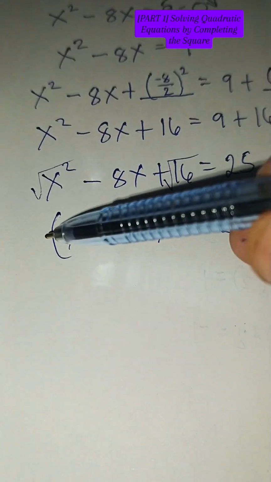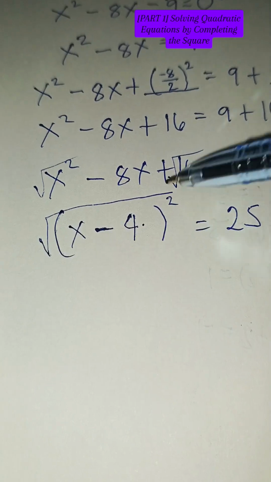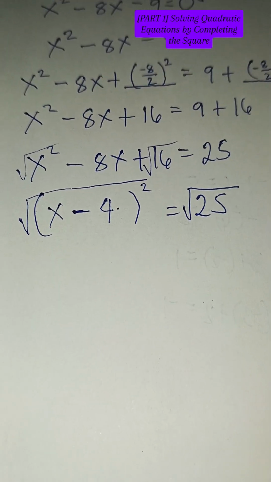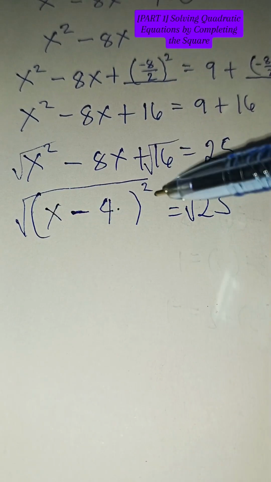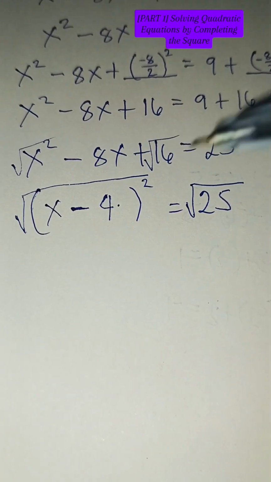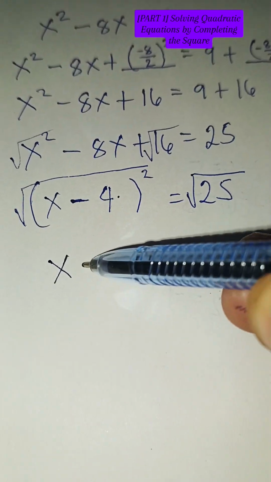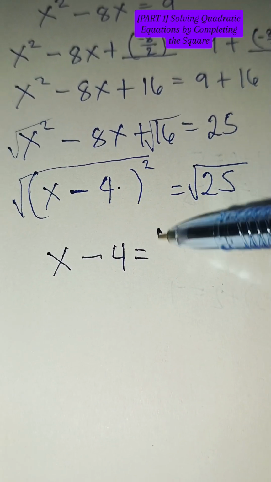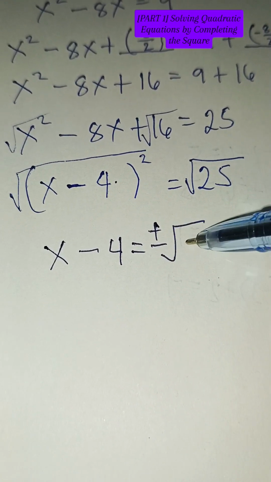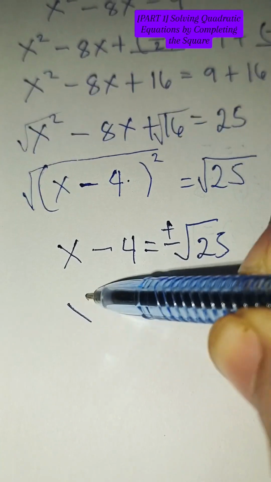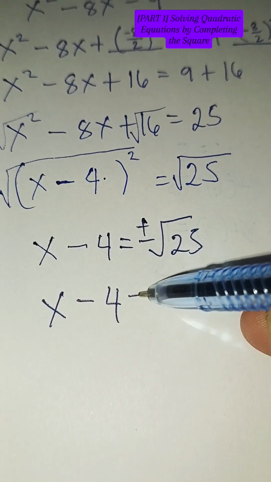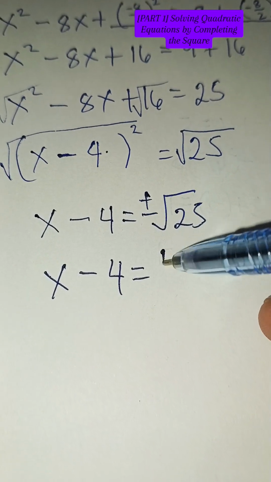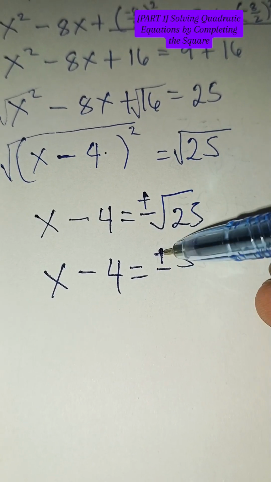After that, we take the square root of both sides of the equation. So we go back to extracting square roots. The square root of x minus 4 squared is x minus 4, equals plus or minus the square root of 25. The square root of 25 is 5, so x minus 4 equals plus or minus 5.